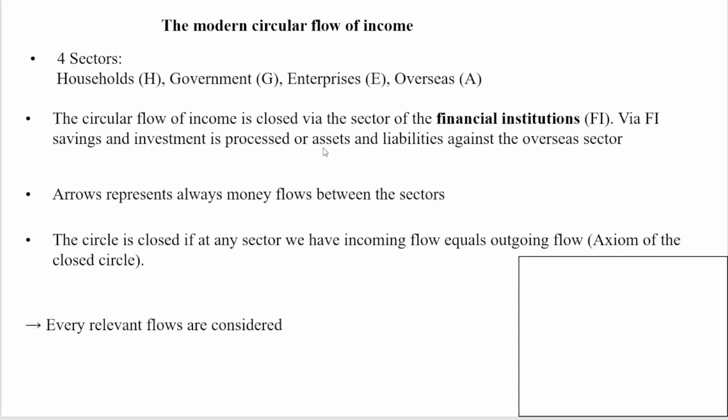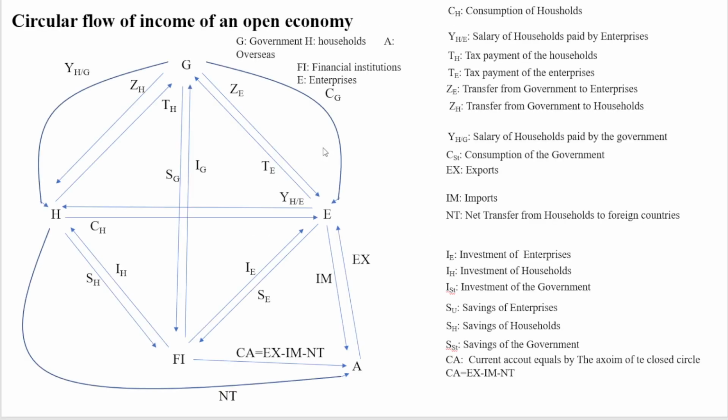Then I made this historical introduction of the circular flow. But yeah, keep this picture in mind. You do not have to learn this in detail, but the concept of the circular flow. And well, this we just did when we talked about Walras' law: if n minus 1 markets are in equilibrium, then the last market also has to be in equilibrium.